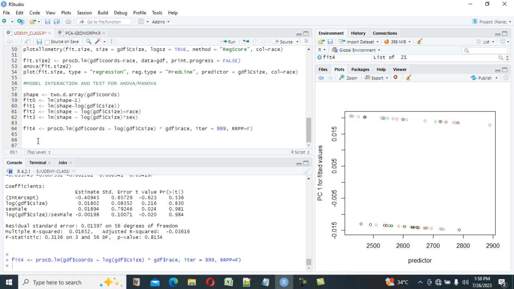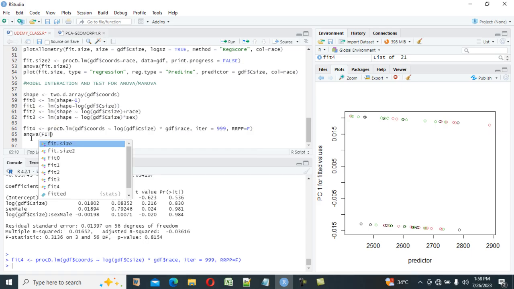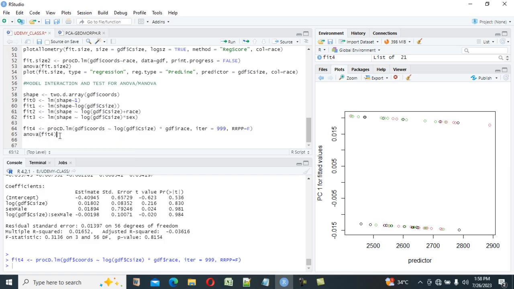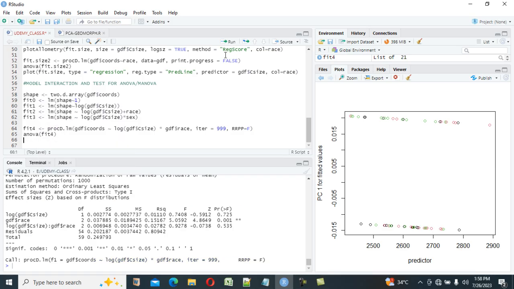Okay. Let's perform ANOVA on this. ANOVA fit 4 now. So let's run and see what we have. All right, so this is the analysis now. This is ANOVA now testing for shape differences.